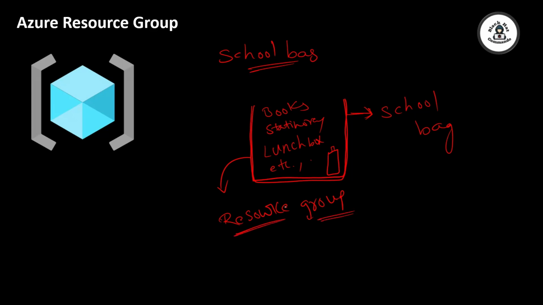If you are working on a single project, you want to keep all the project-related information in one centralized place. That is called a resource group. I hope you understand.